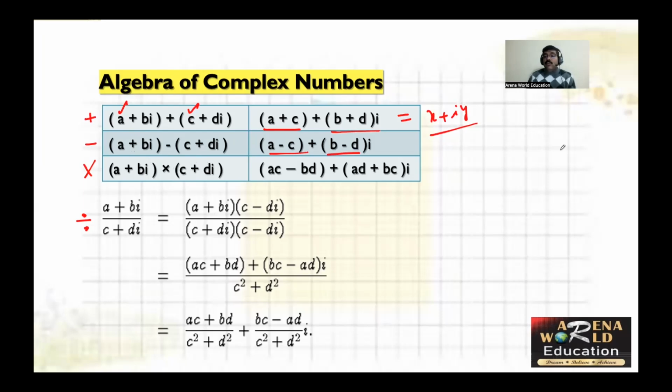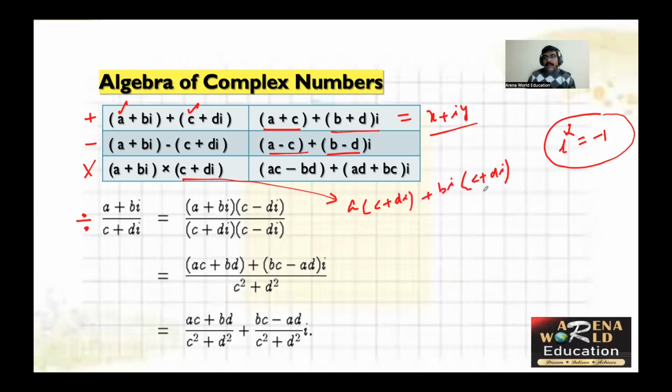Here we will use iota square equal to -1, right? You can check this one. If we multiply a plus b iota and c plus d iota, this will be a into c plus d iota, and b iota into c plus d iota.